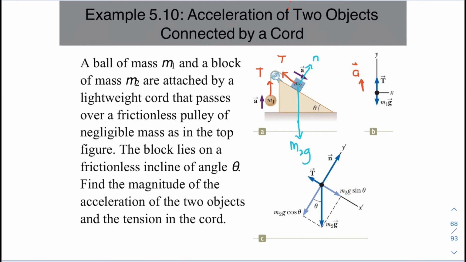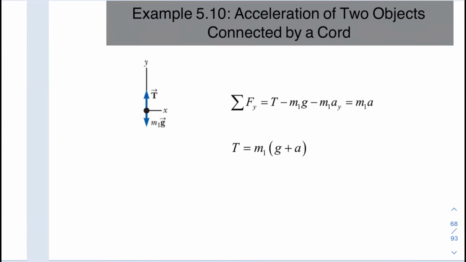Selecting this axis setting will be better for us because we don't have to resolve many forces, only one force, which is the weight, to be resolved. And we can prove that this theta is the same as this theta. So this will be the free body diagram for M2.